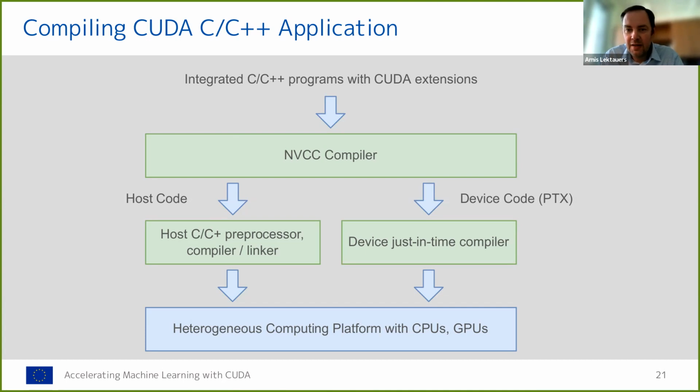So the NVCC compiler is a plugin for compilation of device-related code, and the operating system's native compiler is used for host code related to the CPU side. Therefore, we are working with an integrated C++ software development, and CUDA actually is an extension to the host software side.